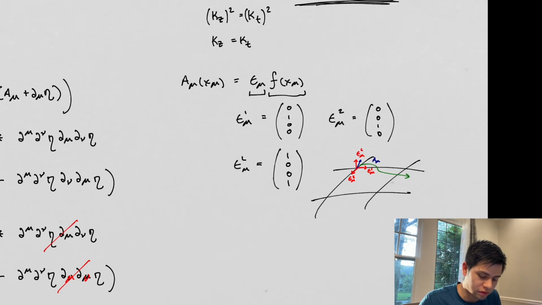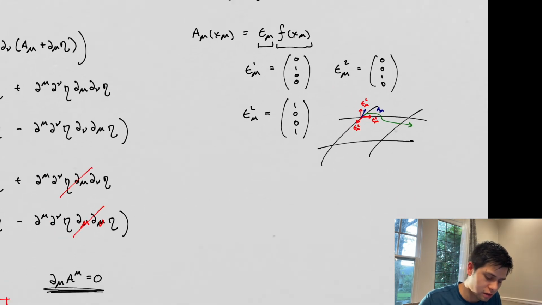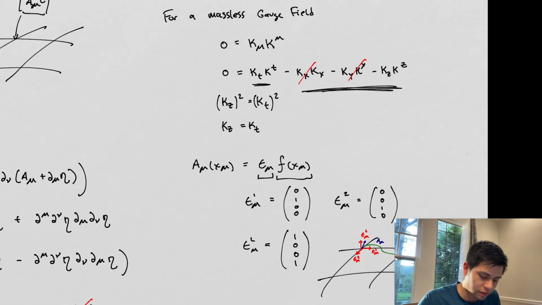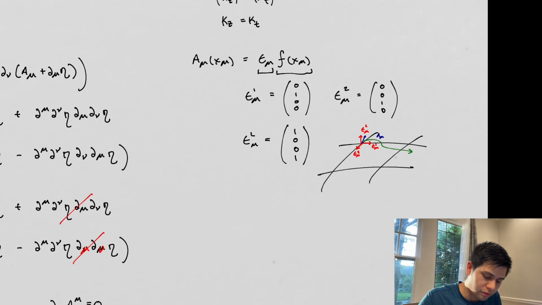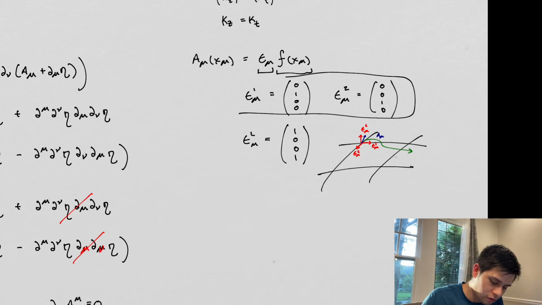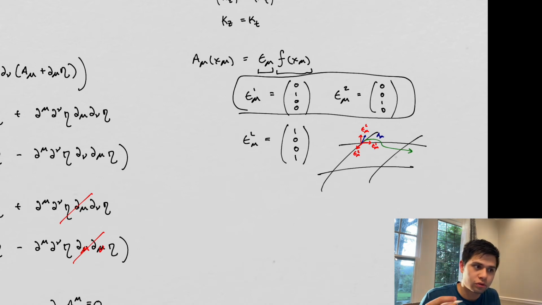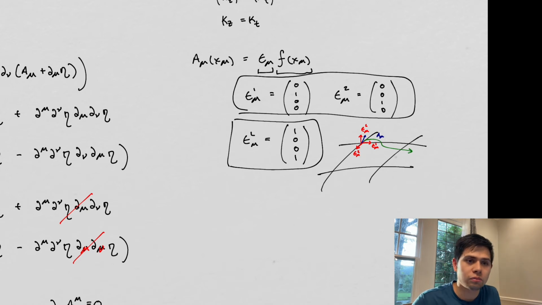And these are the polarization vectors that we get. Okay. Before I move on, these two here are called transverse polarization vectors. And this one here is called the longitudinal polarization vector. Okay.